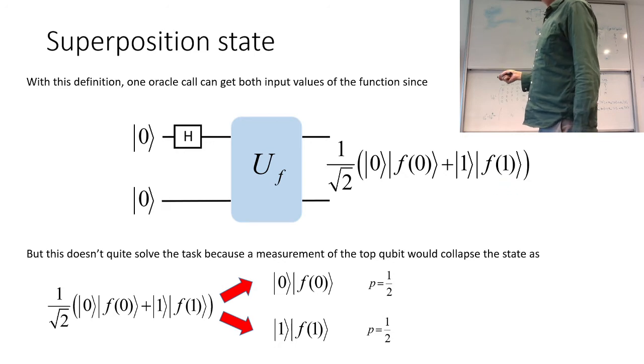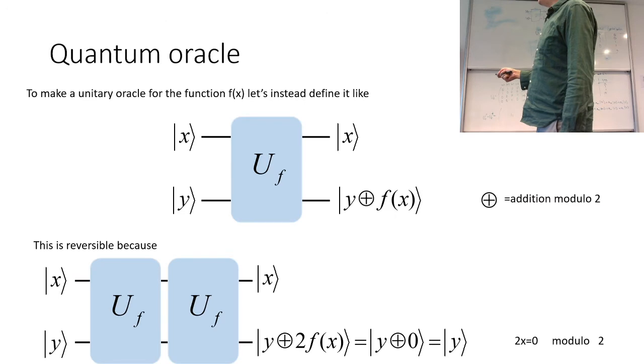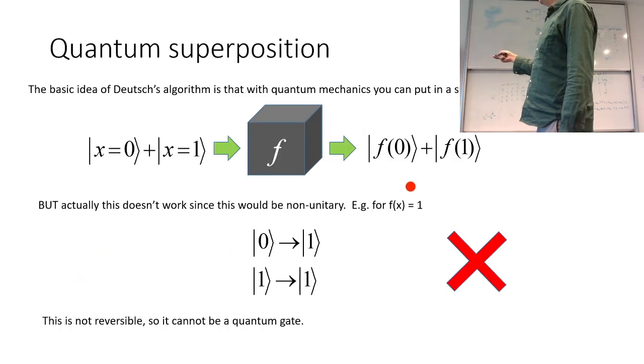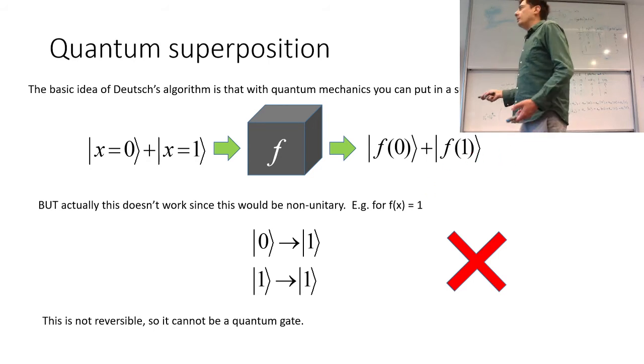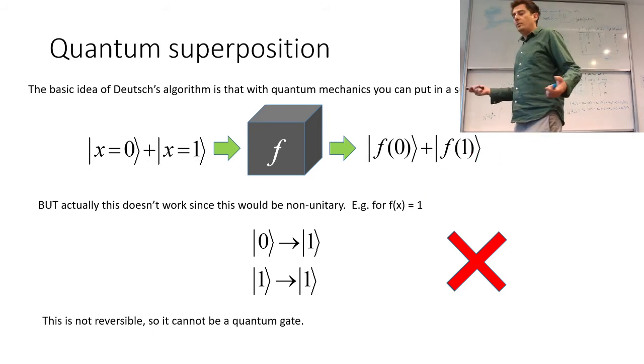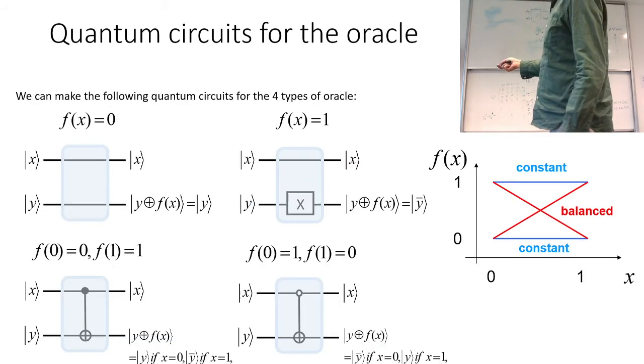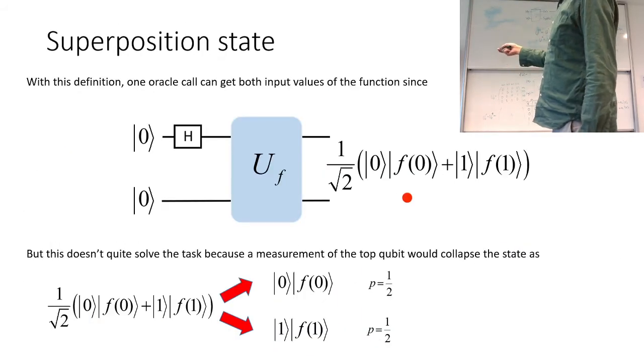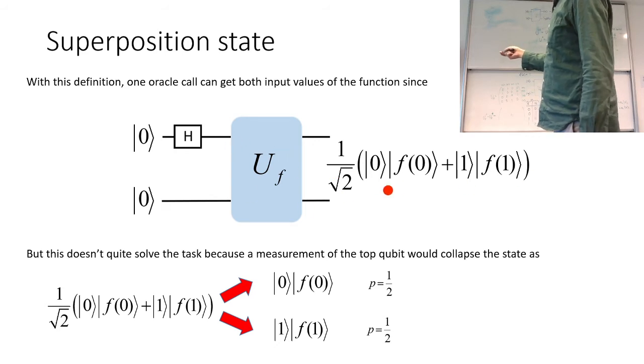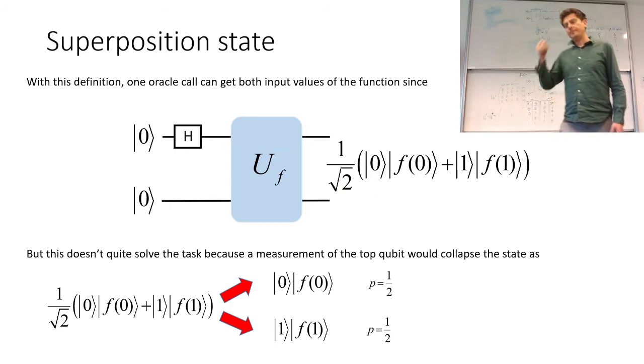That's pretty much what I wanted to have in the first place. Originally I was thinking of something like F of 0 and F of 1, but that doesn't quite work as a gate. So instead, I have this setup with 2 qubits, and then we can have this superposition.